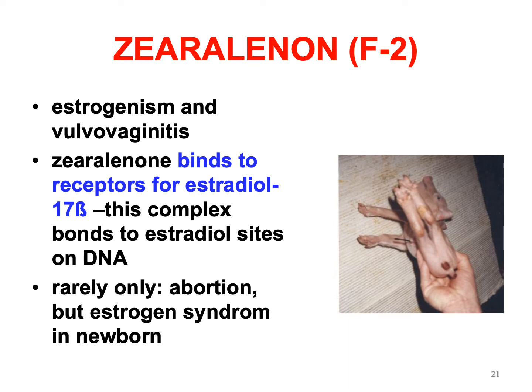The mode of action of zearalenone is that it may bind to receptors for estradiol 17 beta, and this complex after that will bind to estradiol sites on DNA, preventing the real estradiol 17 beta action.